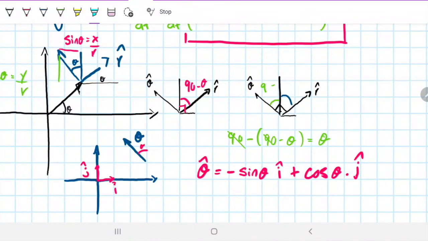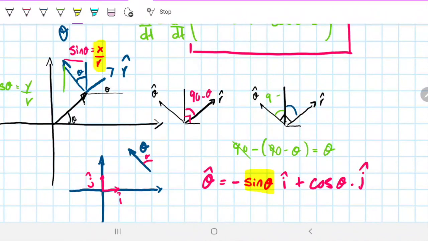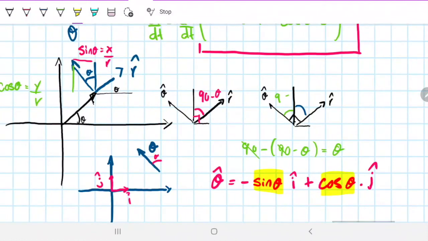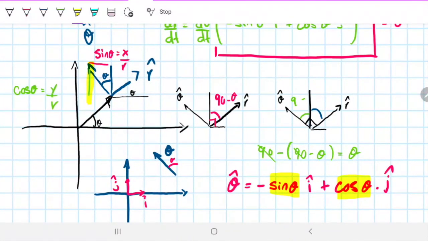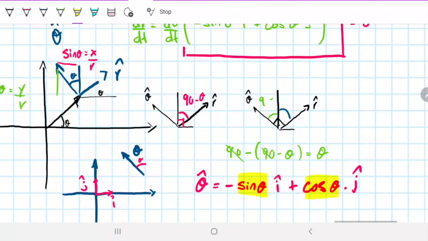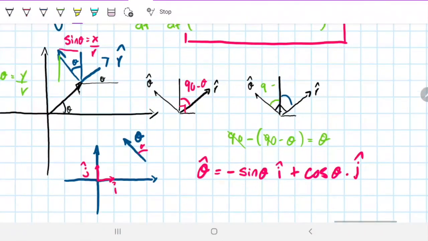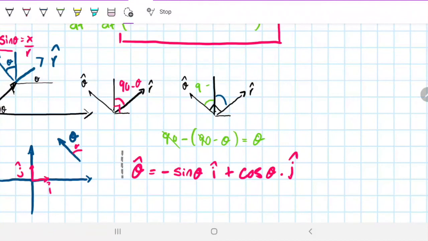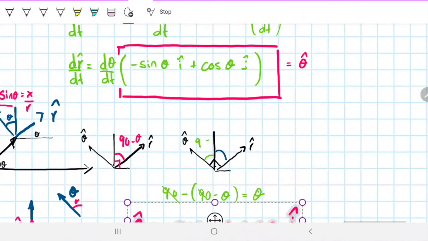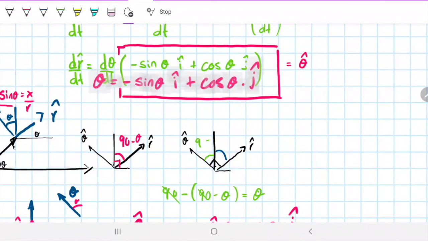Sine of theta is the same thing as x over r, which is precisely this distance that we need here for this angle theta, because we know theta hat is a unit vector. And cosine of theta is precisely this green distance here, which is y divided by the magnitude r. Okay, so if you remember, why were we doing this? The reason we were doing this is because I told you that theta hat was actually exactly what we had inside the parentheses, and there you go.